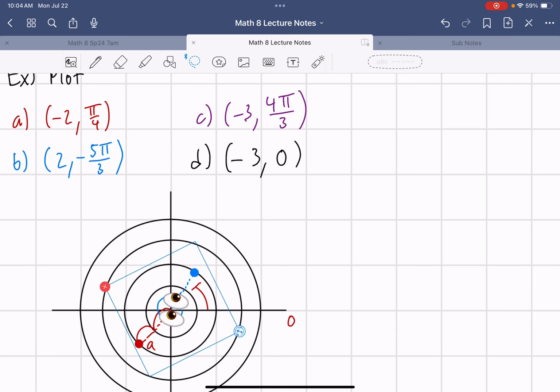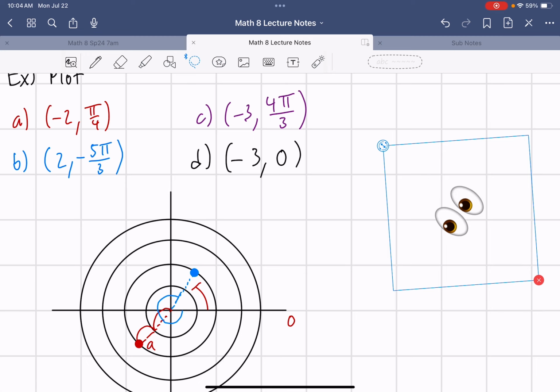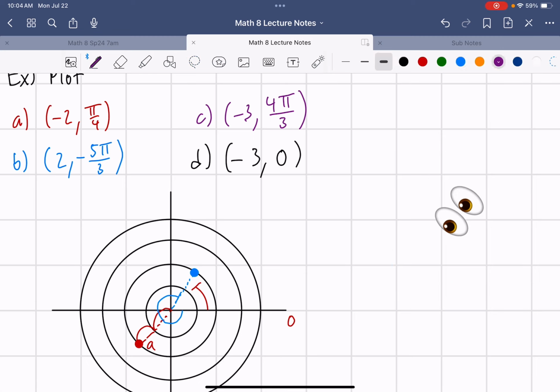So once again, that's 1, 2, 3, 4, and 1, 2, 3 to go halfway around, and then a little bit more is 4. But then it's -3. So even though 4 pi over 3 is facing in quadrant 3, -3 tells me to go back. So I'm going to be going back to quadrant 1, and that's to 3.